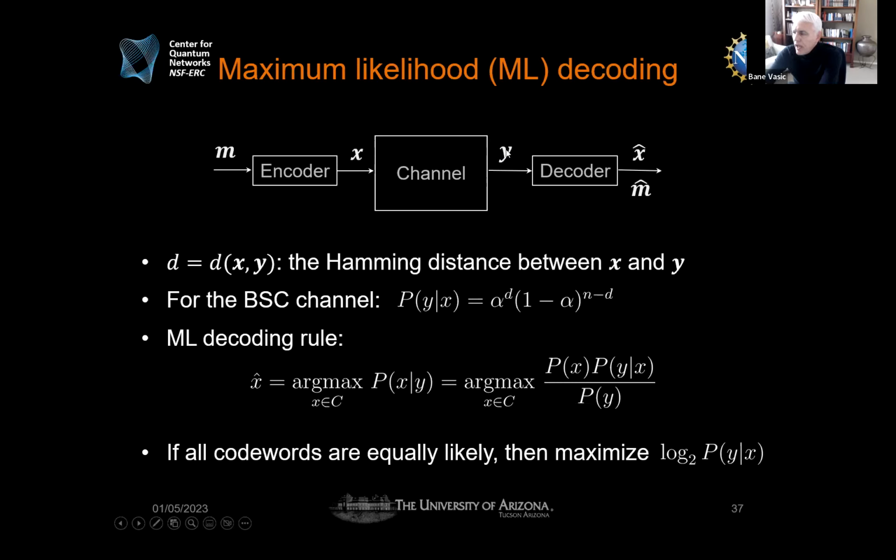Obviously, whether we can correct errors or not depends on in how many bits X and Y differ. This is what we describe as a Hamming distance between X and Y.